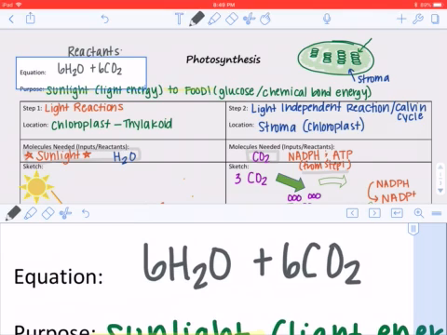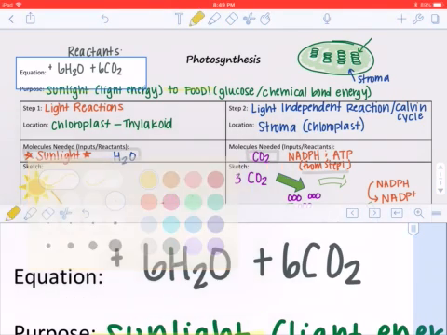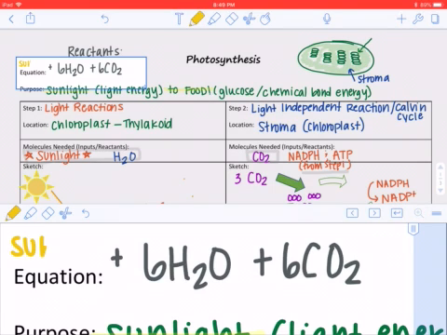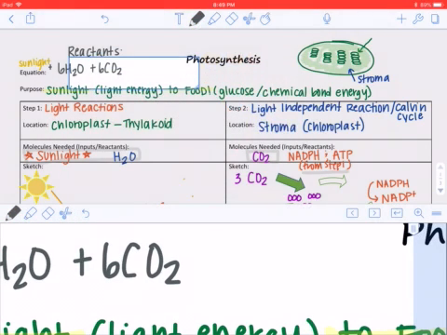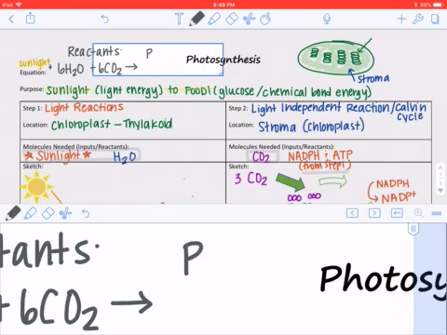You could include in here as well sunlight. The only thing with sunlight is that sunlight isn't really a molecule. That's why it doesn't often occur in the actual chemical equation. It is an energy. As a result of mixing these 6 waters and these 6 carbon dioxides with the sunlight and going through the process of photosynthesis, we're going to end up with some products.